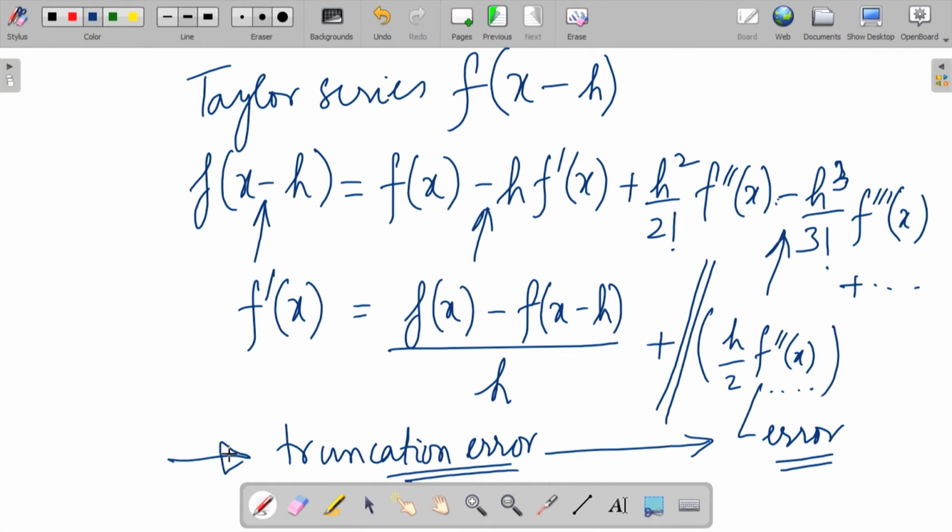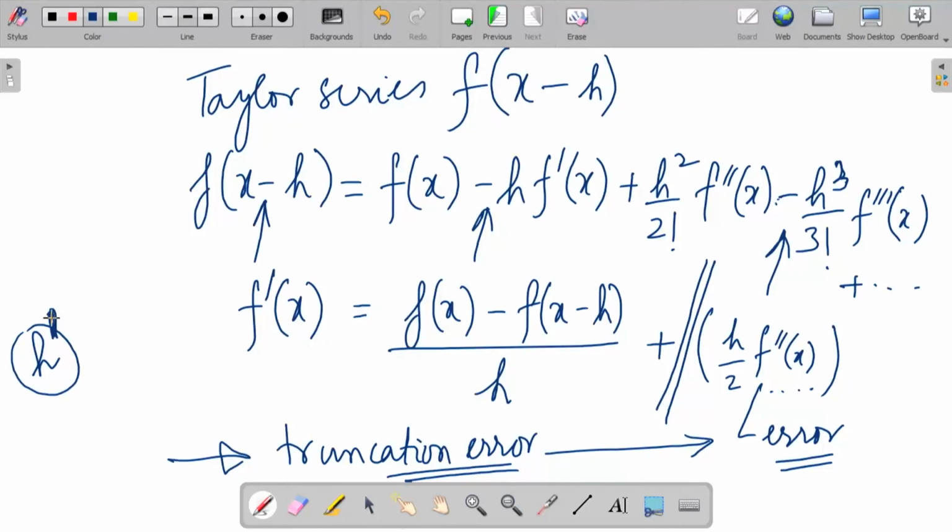We have to keep in mind that the first term in the enormous number of terms that are left out is the most important contributor to the error. Why is it? Because the first term contains the largest contribution in terms of the h, which is the small distance. The first term here has an index 1.